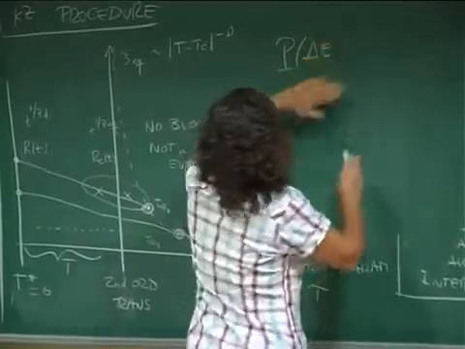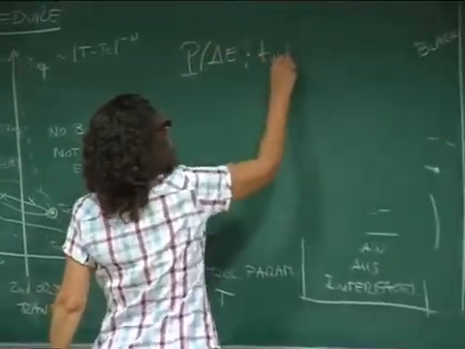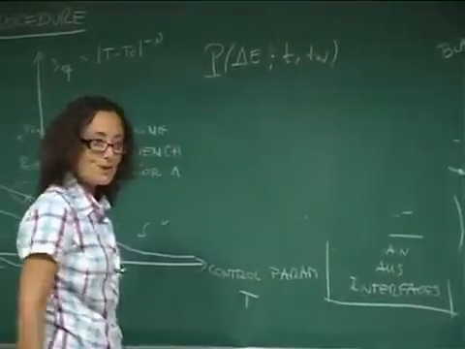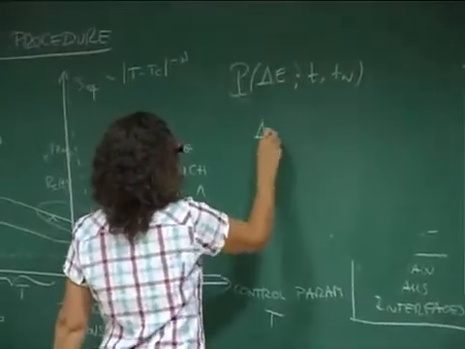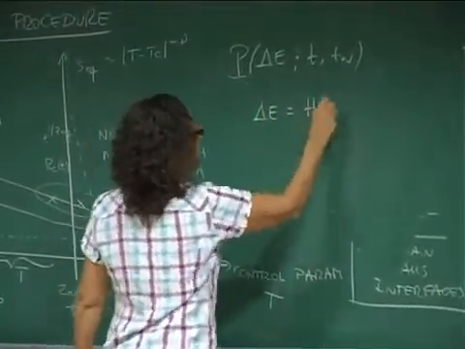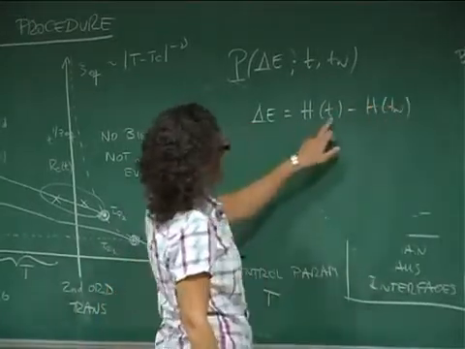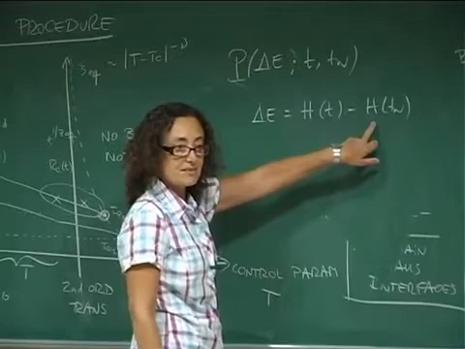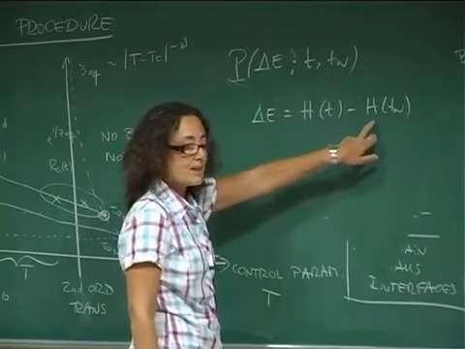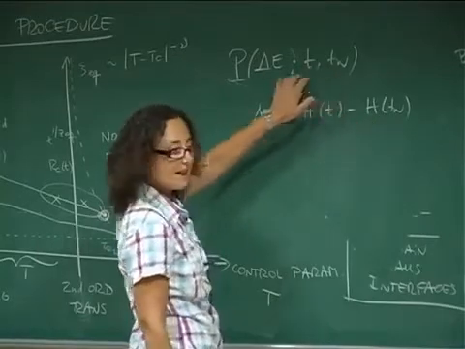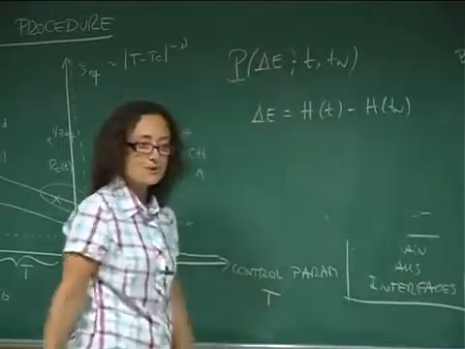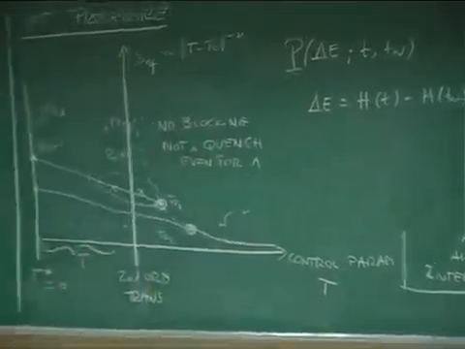And you see, this during coarsening depends on t and tw, because the delta that they are computing is h of t minus h of tw, if you wish. It's the energy of the system at time t minus the energy of the system at time tw. So this depends on the two times and the value that you want to look in your distribution. So many things can be done.